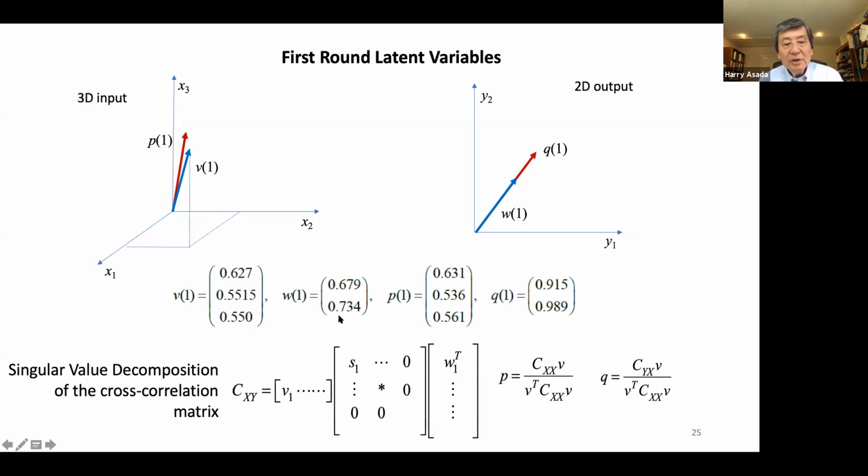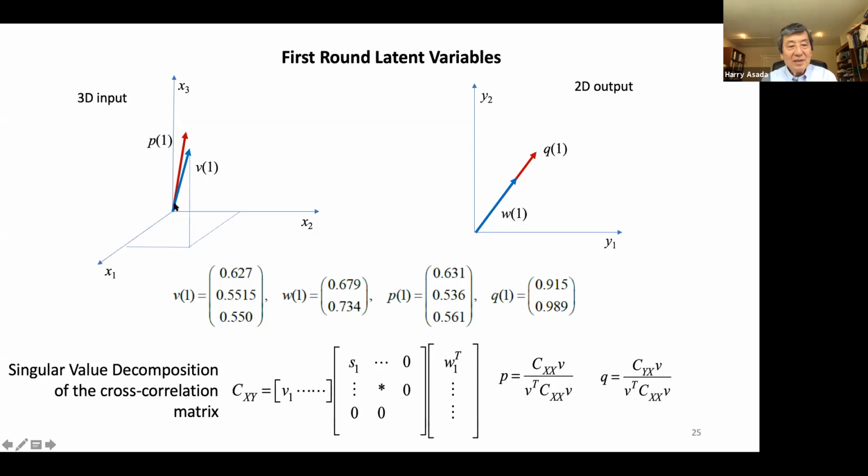Okay, so plotted here, B1 pointing in this direction, and W1 pointing in this direction. Now for this, we can compute the loading vectors, input loading vectors and then output loading vectors, shown by these equations. We compute that. The result is shown here, the P1 and then Q1.